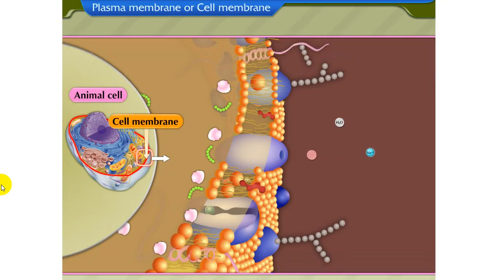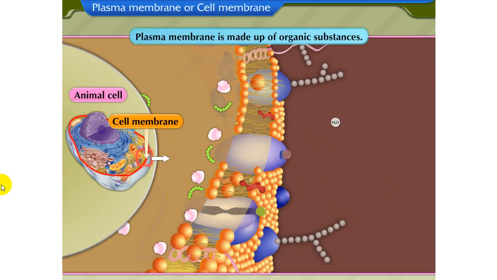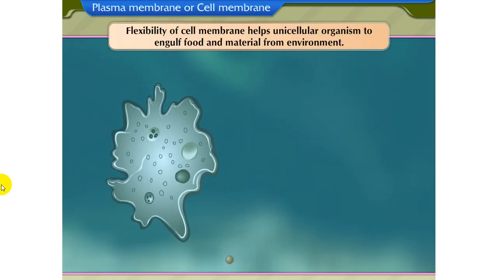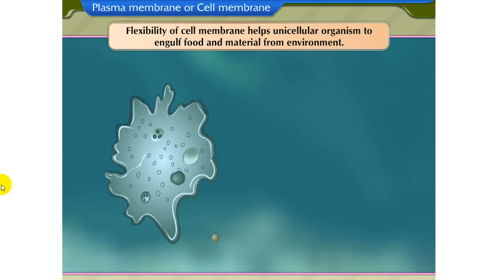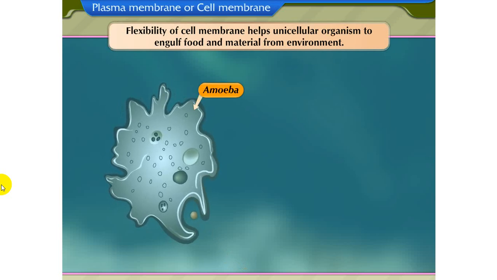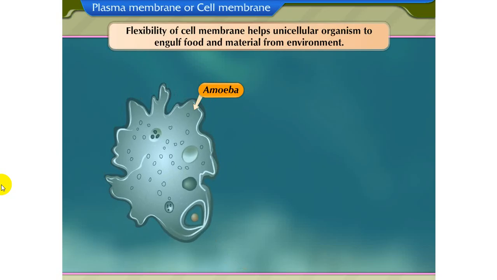We can thus say that the plasma membrane is flexible. It is made up of organic substances called lipids and proteins. Due to the flexibility of the cell membrane, unicellular organisms like amoeba are able to engulf food and other material from their environment. Such a process is called endocytosis.